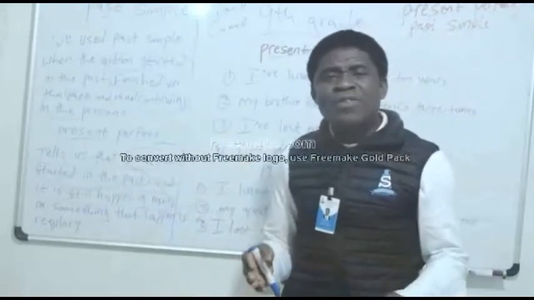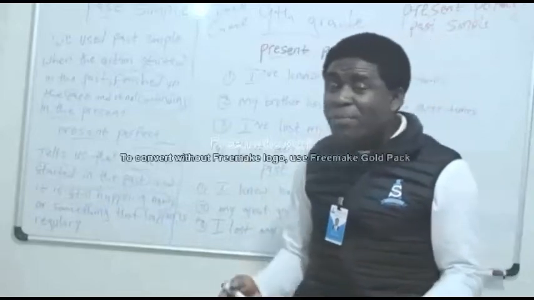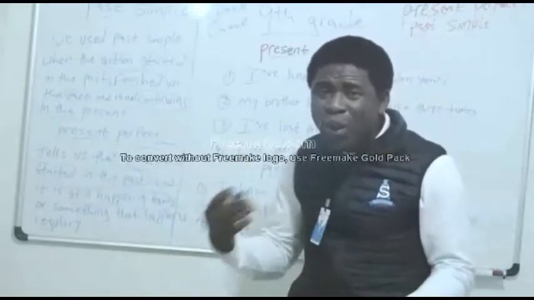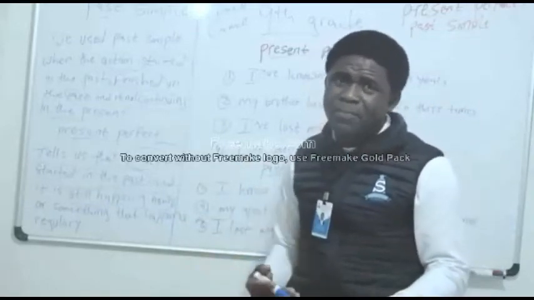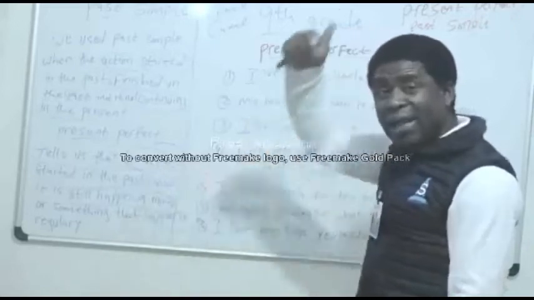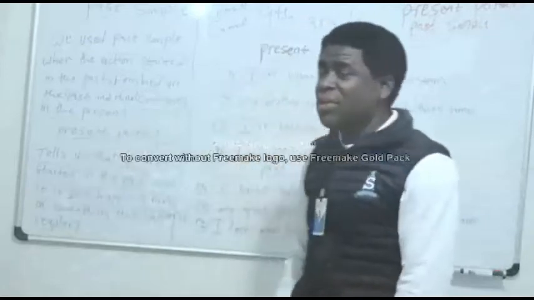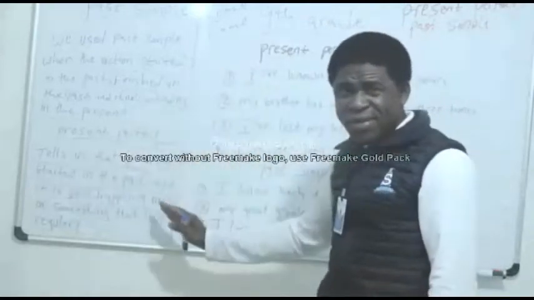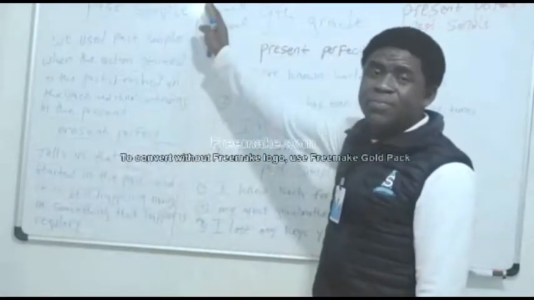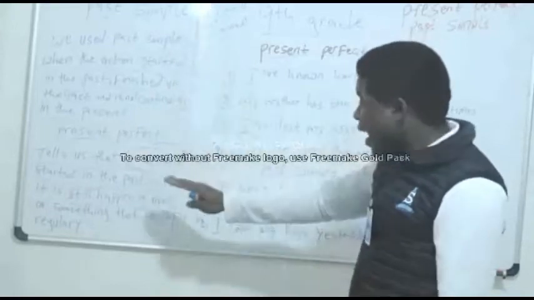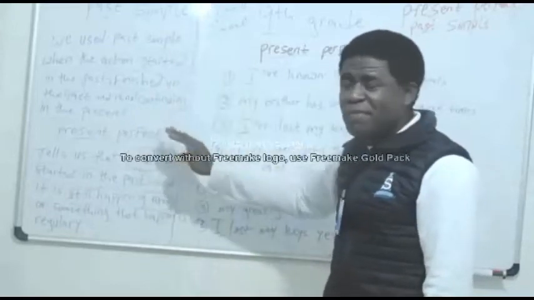So when we say present perfect, we're talking about something that happens frequently, regularly. The action that started at the past and is still happening now. So you can see the difference between past simple and present perfect.